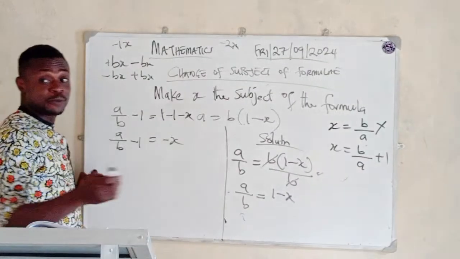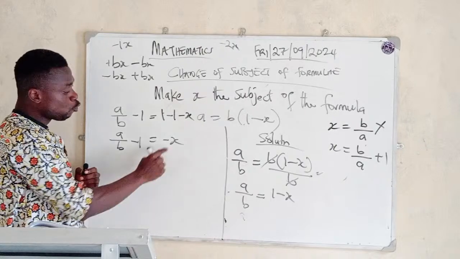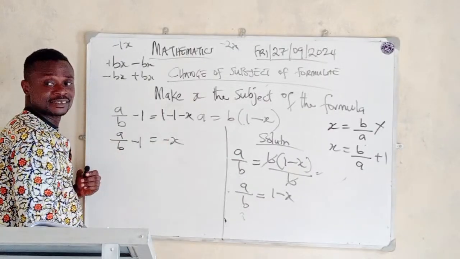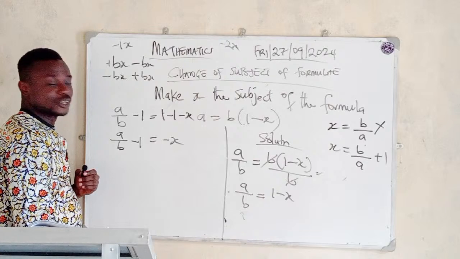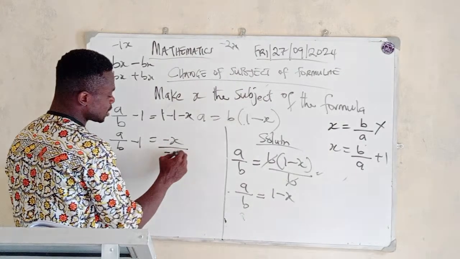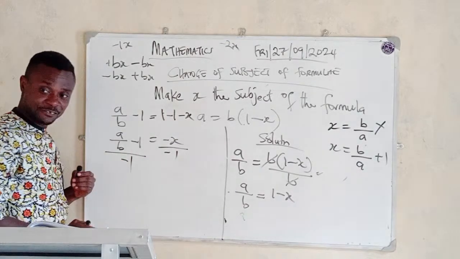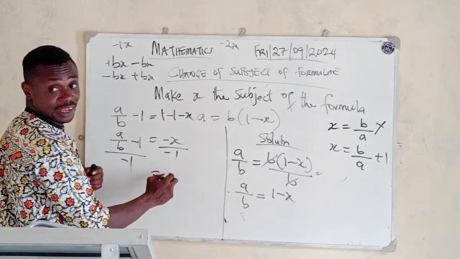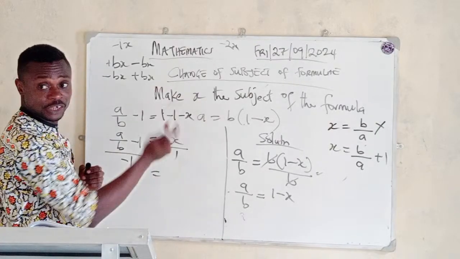So what is the operation between minus 1 and x? What do we do here to remove this minus 1? Good. Divide both sides by minus 1. So what will be here? x, because minus will cancel minus, right?